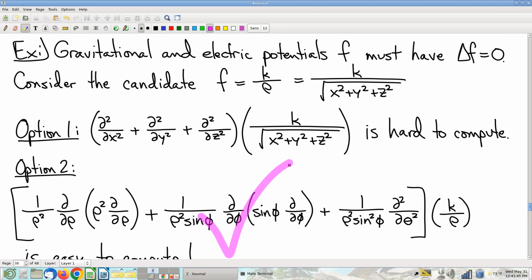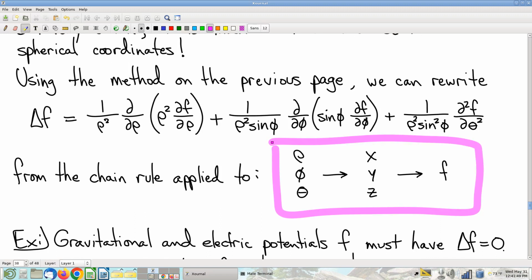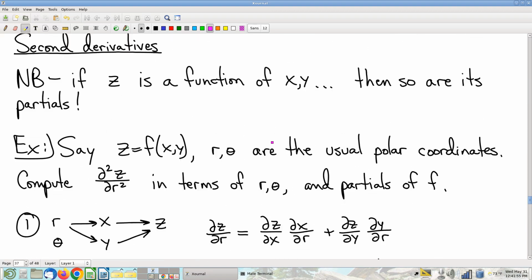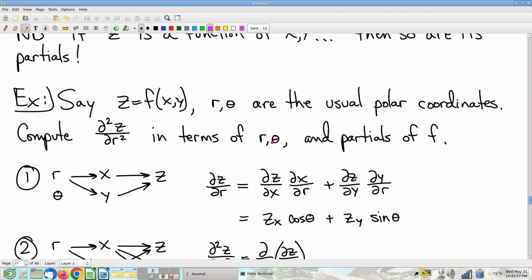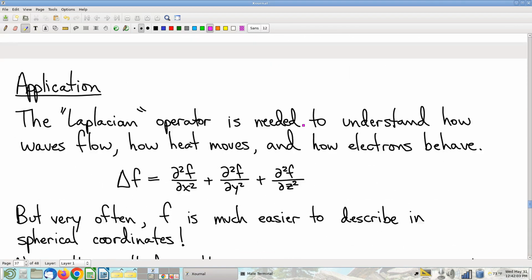And how did we get around to rewriting that in spherical coordinates? Well, ultimately, it's about being able to do second derivatives with the chain rule. So this technique that we talked about last time is the thing that makes it work deep down. So anyway, I think that's a cool example.